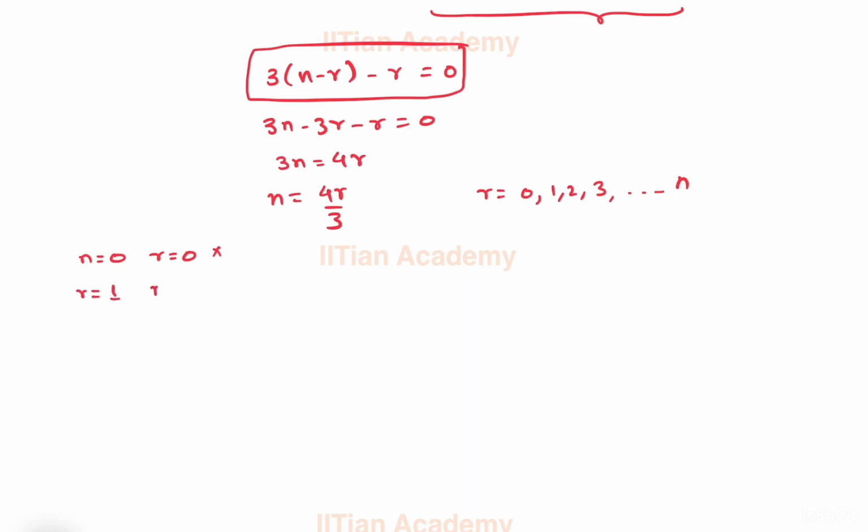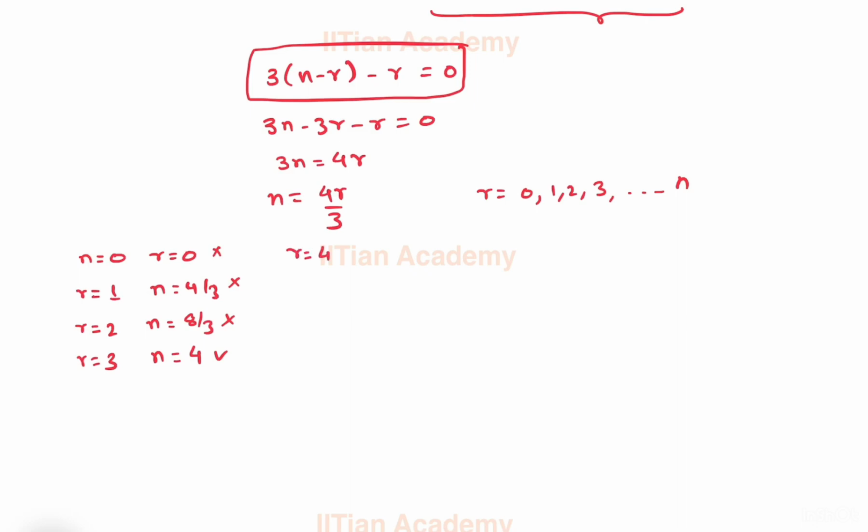Next, if we put r equals 1, we get n equals 4 by 3. Again, in this case the term nCr will not be definable because n is not an integer. If we try r equals 2, we get 8 by 3, again not an integer. Then r equals 3, we get n equals 4. So this solution is possible.